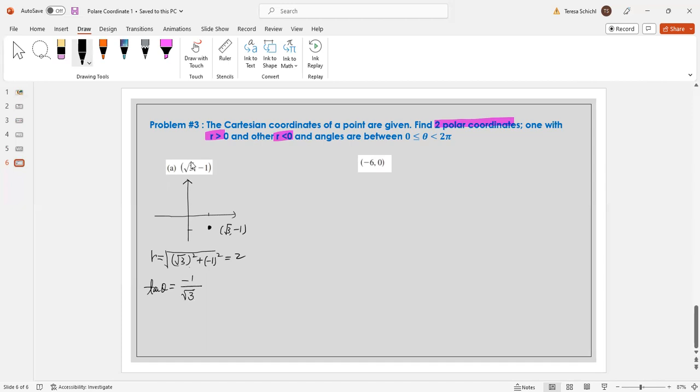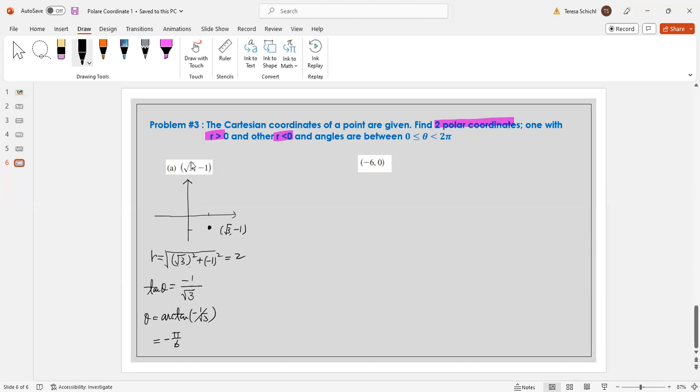So now I can get the arctangent, so theta equals arctan of negative 1 over square root of 3. So we know that is negative pi over 6. All right, so it's negative pi over 6 here.